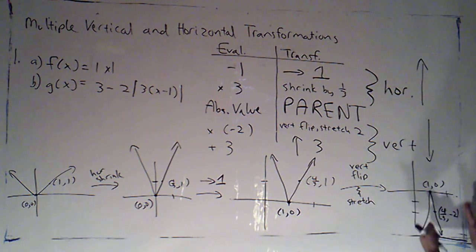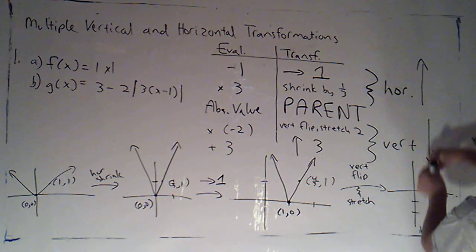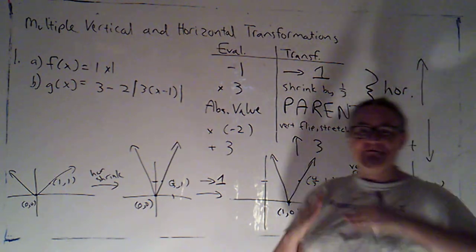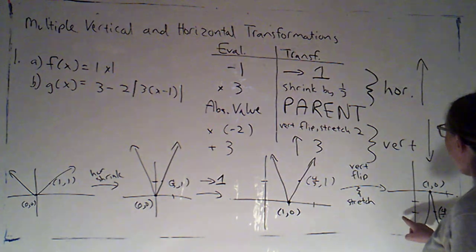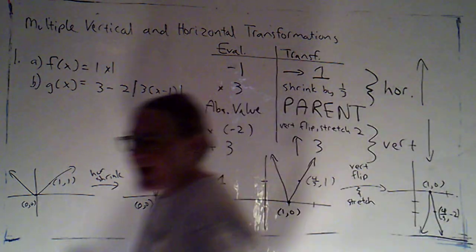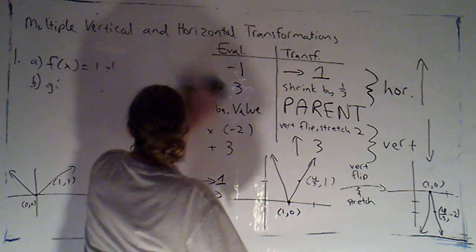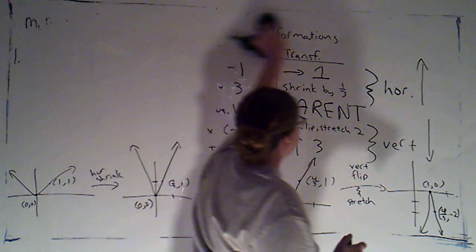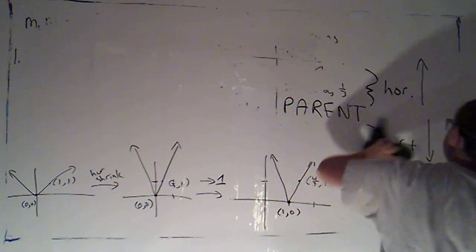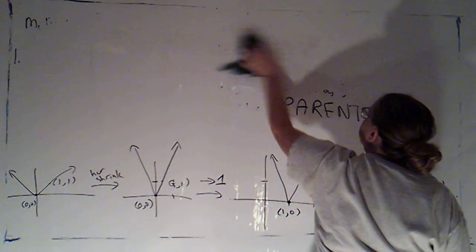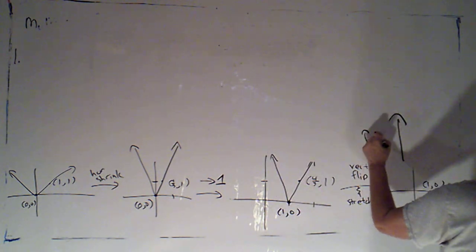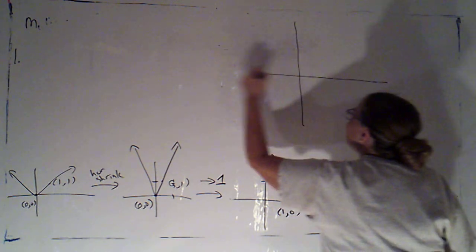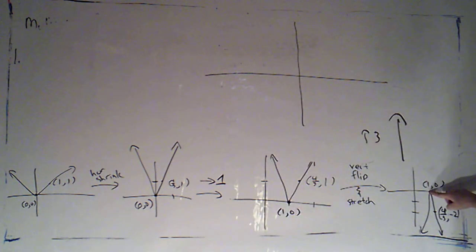So it's getting even skinnier, okay? Because when I stretch it vertically, I make it taller and skinnier as well. All right, and then we wanted to move things up 3. So I'll just come here, moving things up 3. My x values stay the same, but I'm going to add 3 to my y values.